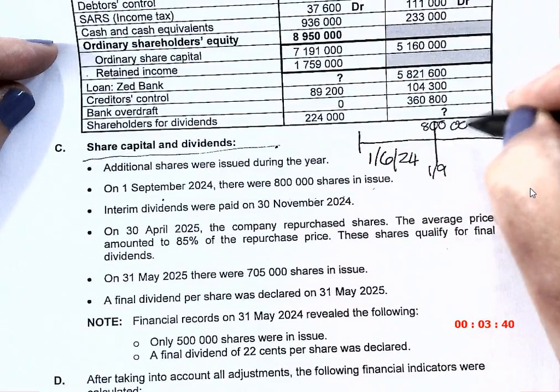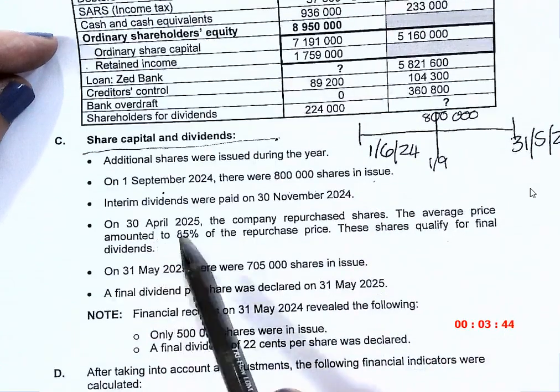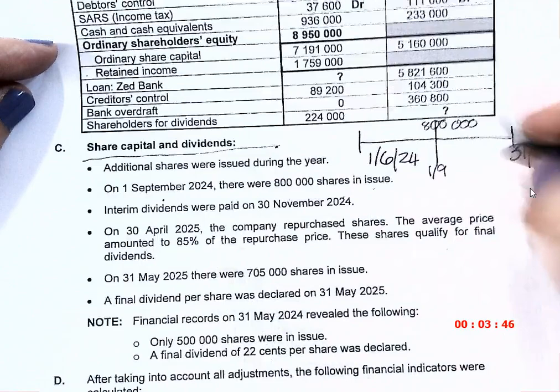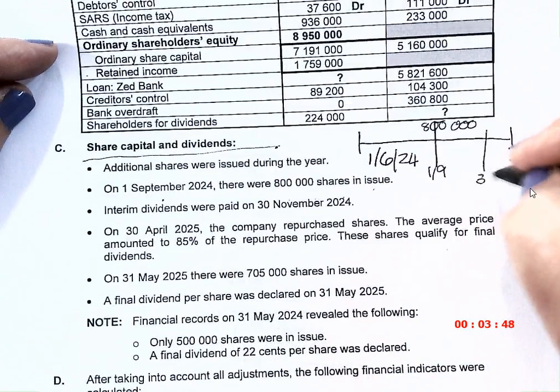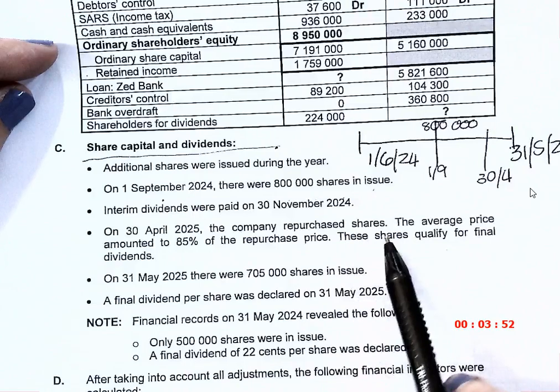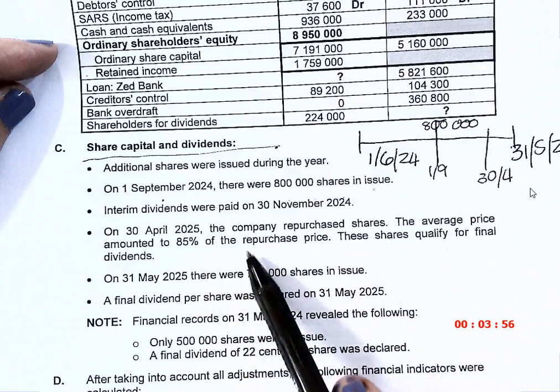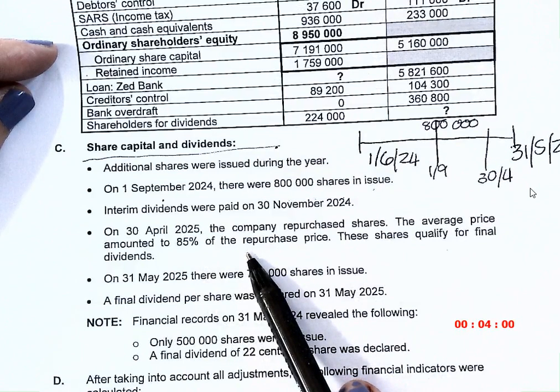Okay. Interim dividends paid on 30 April 25. Can you see that's here? The company bought back shares. The average price amounted to 85% of the repurchase price. Okay? Meaning 15% was above average.